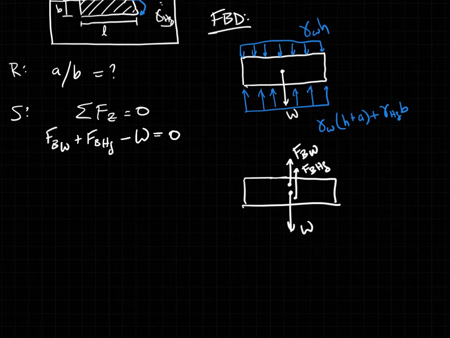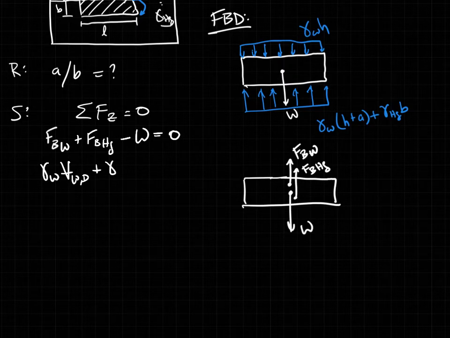Now we have to think about what goes into these places. The force of buoyancy due to water is going to be the gamma of the water. Remember, all buoyancy has to do with the fluid displaced. It has nothing to do with the object. The gamma of the water times the volume of water displaced, plus the force of buoyancy due to mercury.